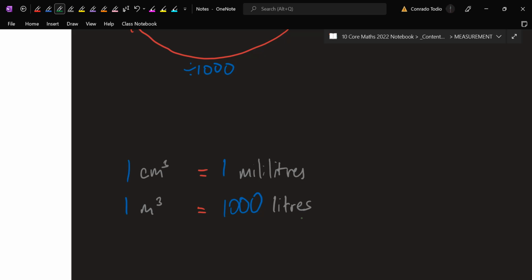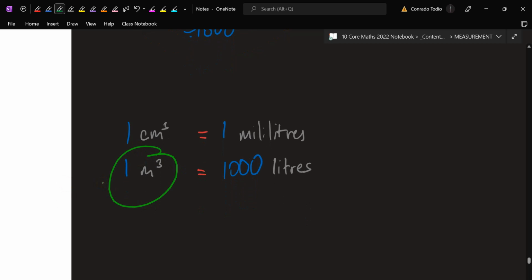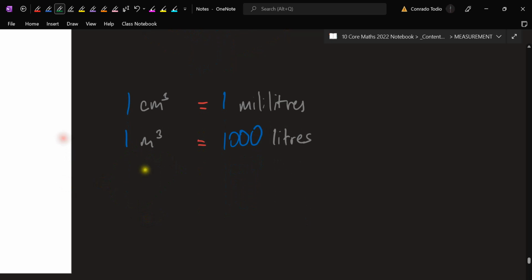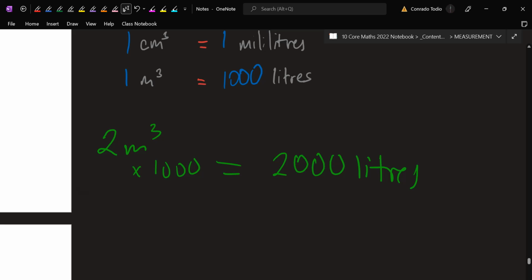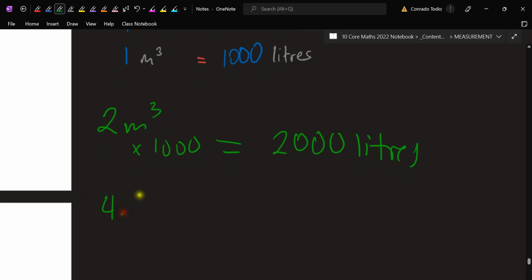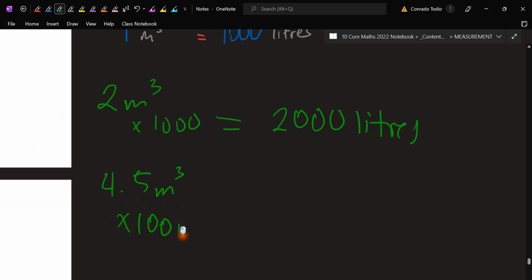But for meters cubed, you're just multiplying by 1,000. So if you had 2 meters cubed, if you times that by 1,000, that would give you 2,000 liters. If I had 4.5 meters cubed, times that by 1,000, that would give you 4,500 liters.